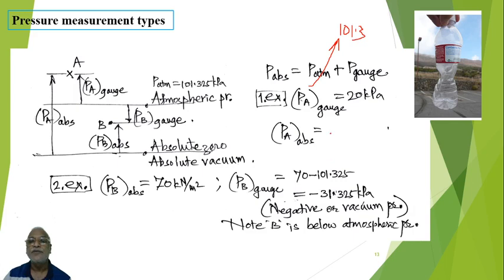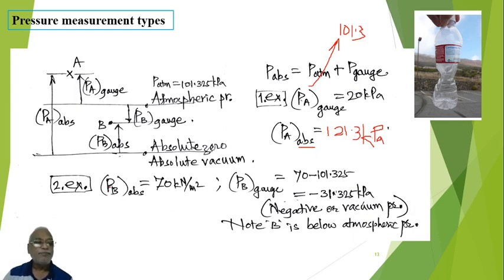This becomes 121.3 kilopascals. One should not forget to write kilopascals and mention that it is absolute pressure.